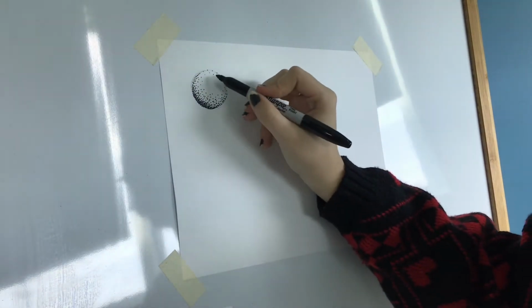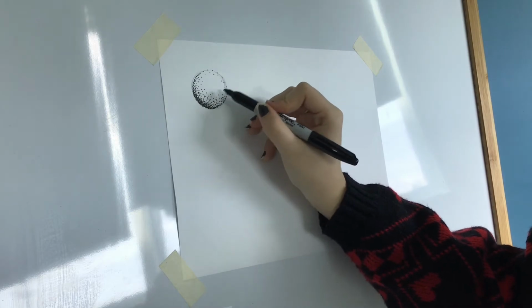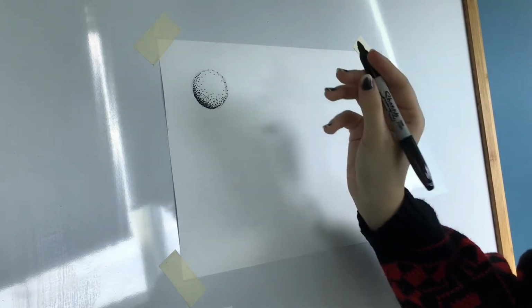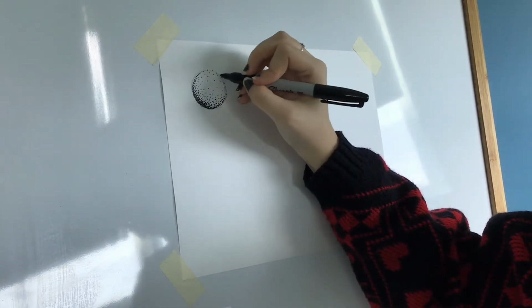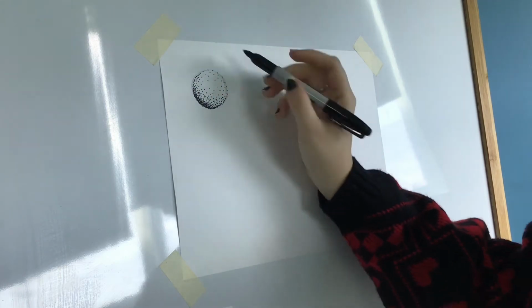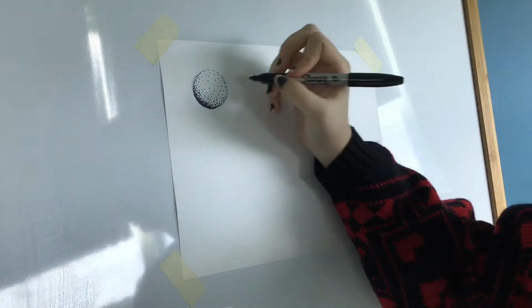So you can see as I'm getting to the central point where my light is hitting, my dots are way further apart than they were down here where I'm trying to create a sense of darkness and shadow. Now that I've got most of my dots here, I'm going to go back and darken some of the parts so that I create more of a spherical shape.